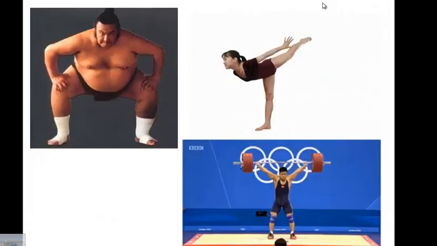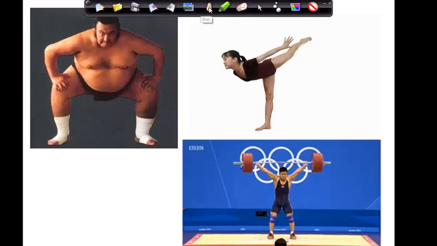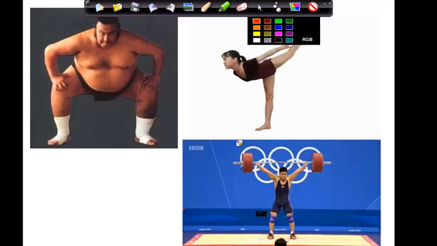Alright, let's have a look at some examples of the three key words that we looked at earlier on. We're going to start off with our sumo wrestler first. Once again, to find your centre of mass, you have to draw a box around the outside of that particular person.